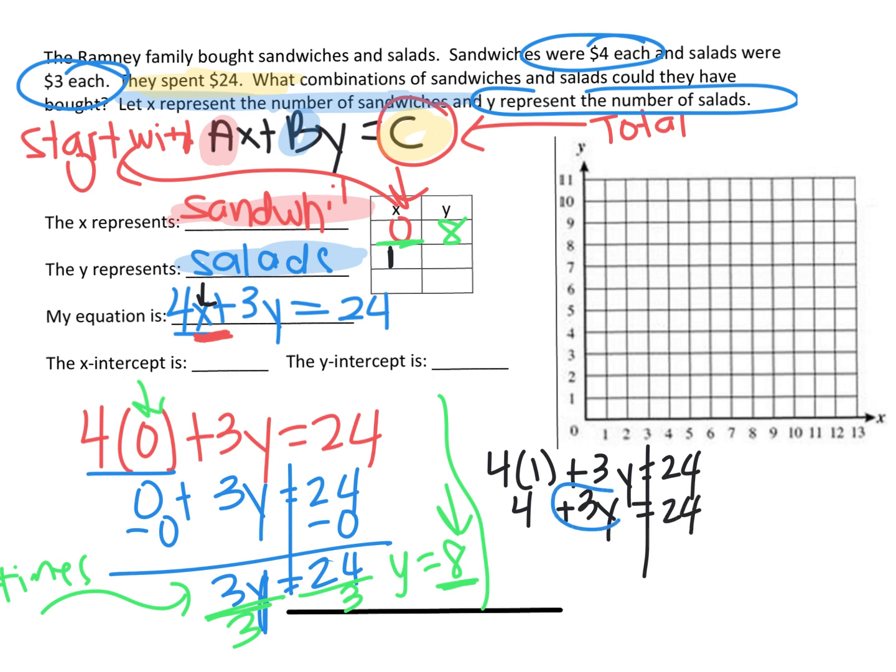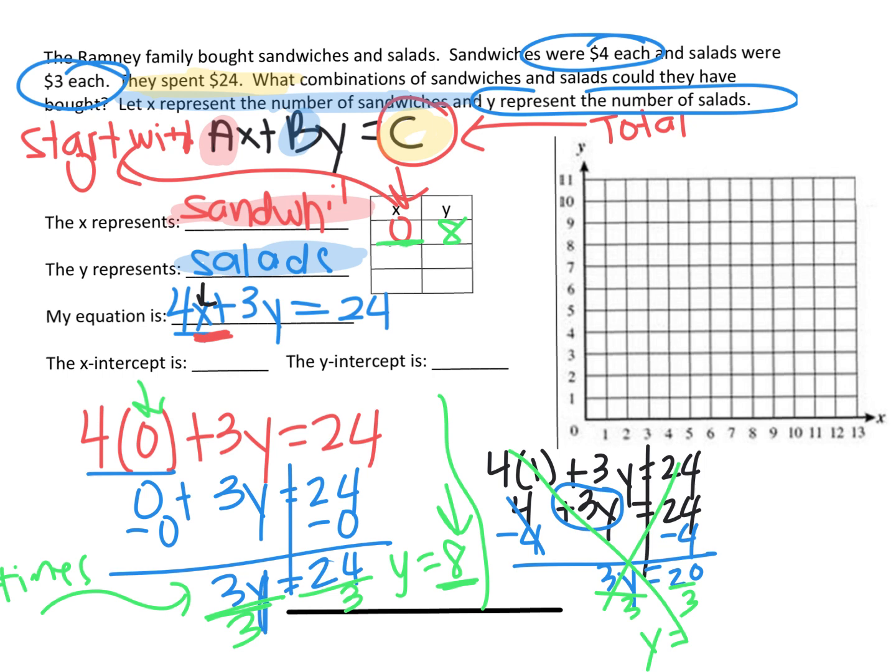If I'm solving for Y, I need to subtract 4 from both sides. 3Y equals 20. Now I need to divide by 3. Y equals 20 divided by 3. That does not come out to be a whole number. So 1 doesn't work. I'm erasing 1 in my table. It has to have a whole number.